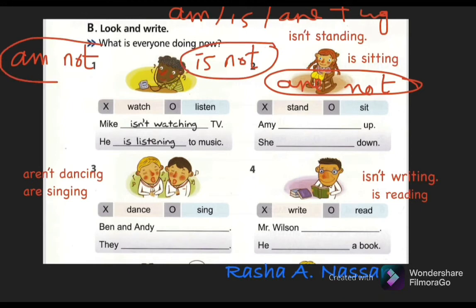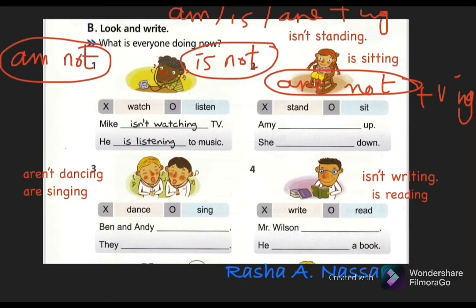So if I'm talking about something which is happening now, I will use am or is or are plus verb plus ing. And when I'm talking about something which is not happening now, I'm going to use am not or is not or are not plus verb plus ing. This is our rule for today.